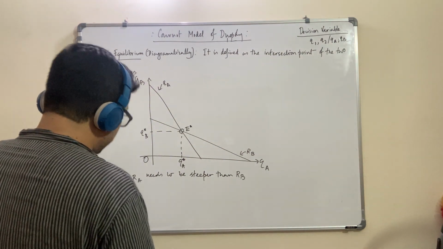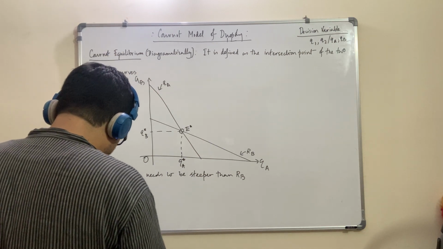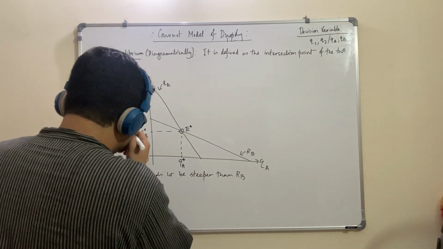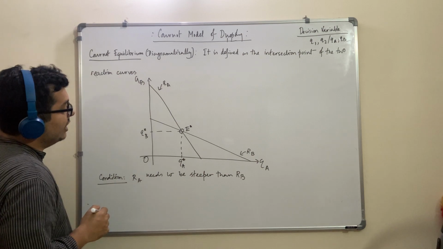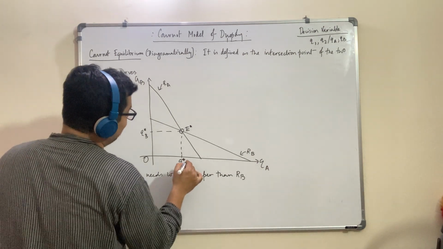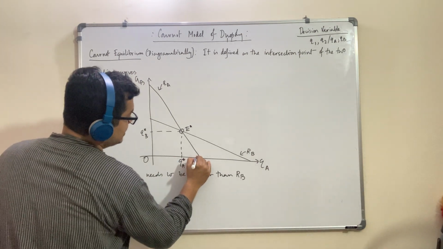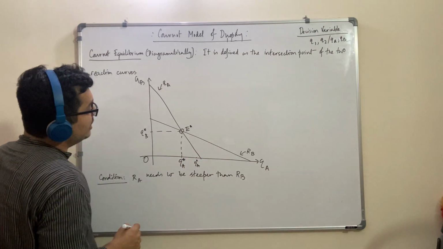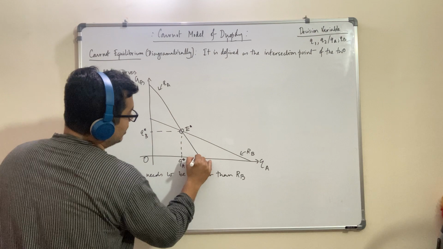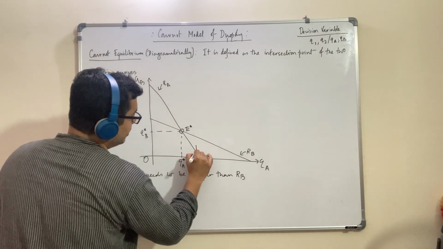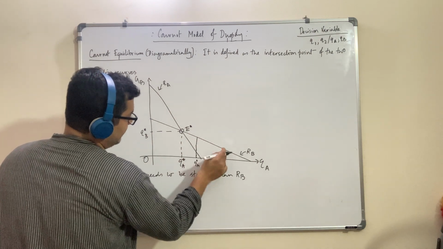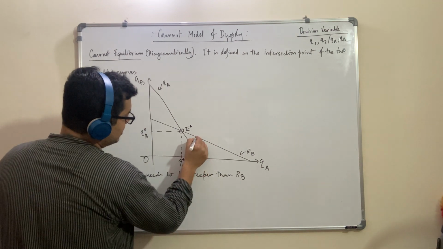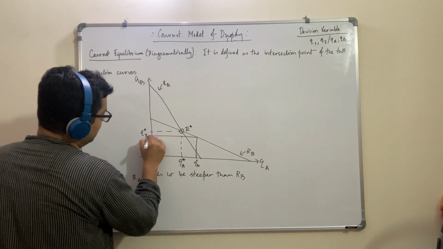Okay, how things are adjusted, we'll see only that. Okay, now to see that, let's start with any output level. Okay, so let's say this is our QA naught. Now, given this QA naught, the reaction of B will be mapped from reaction RB. So this will be the reaction, right?